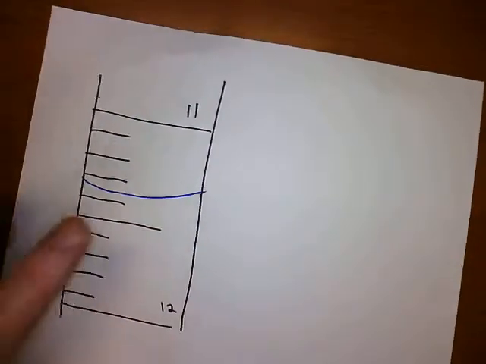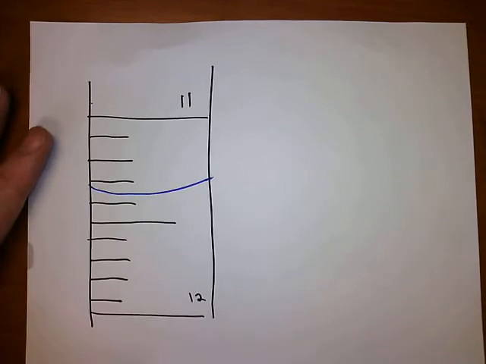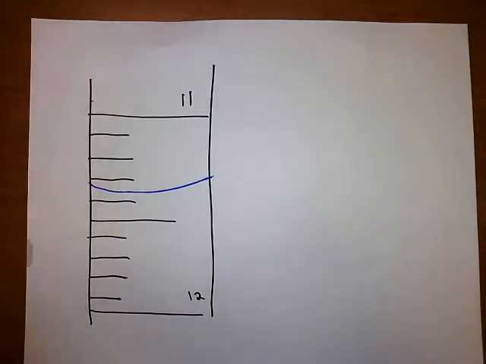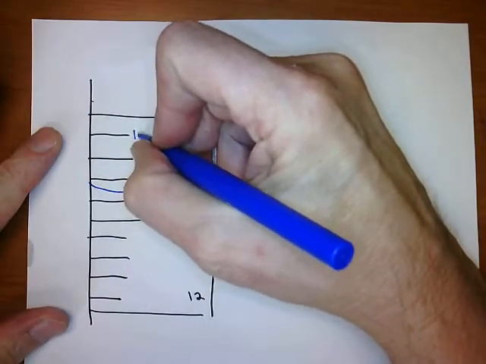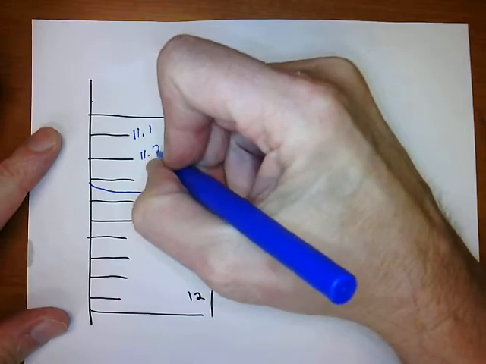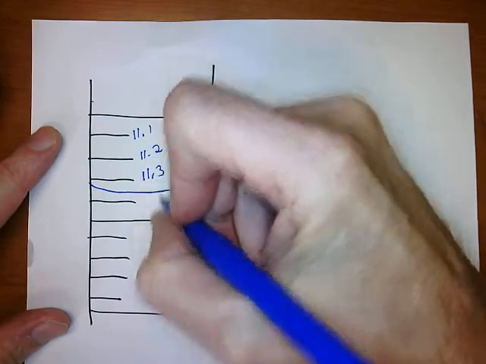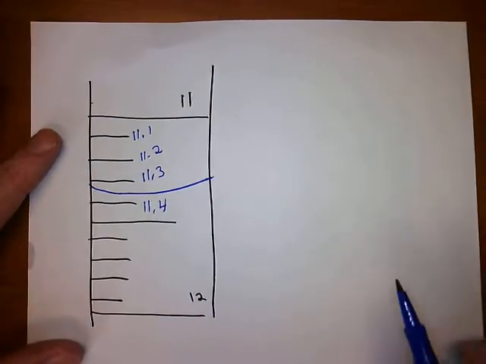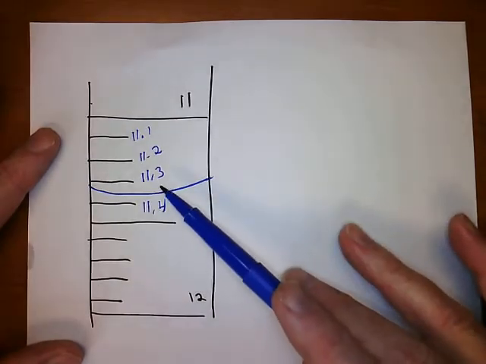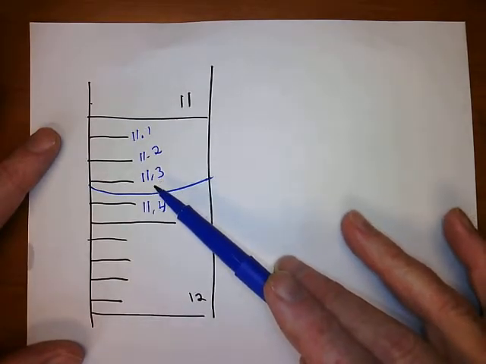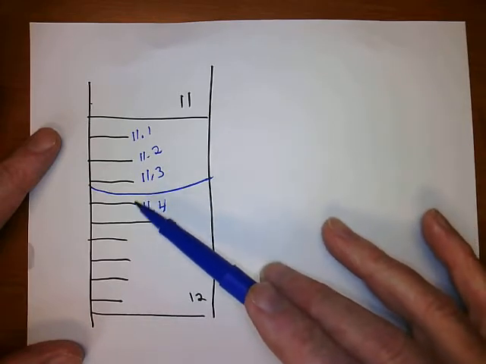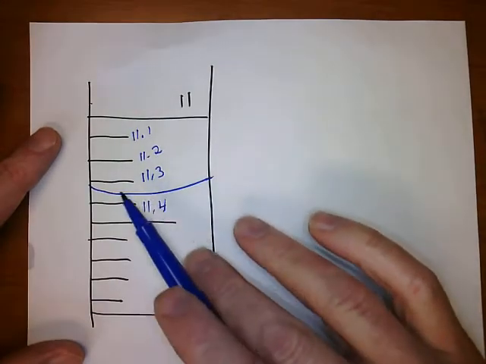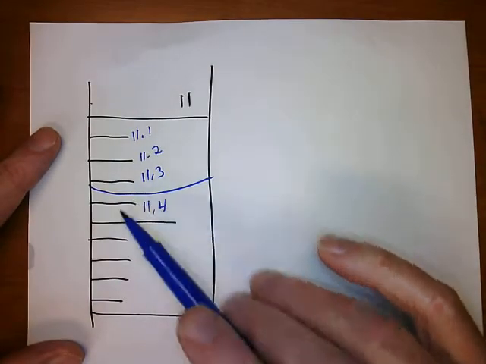So let's go back and look at our picture of our burette here. Let's say this is 11 and this is 12, right? So that would make this 11.1, 11.2, 11.3, and 11.4. That can be read directly off the burette. So we're past 11.3, but we're not quite to 11.4 yet. So you estimate how far between the 3 and the 4 you are.